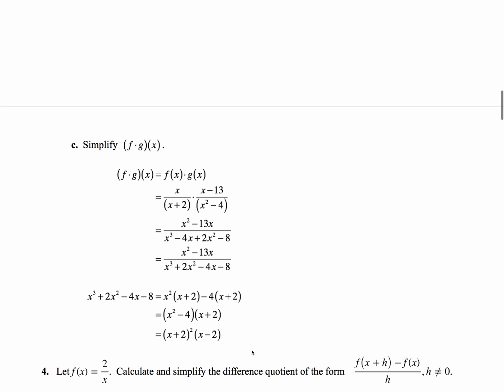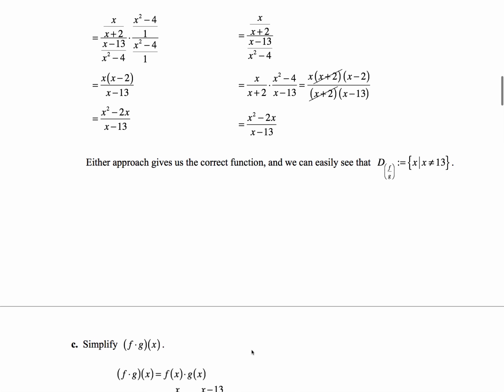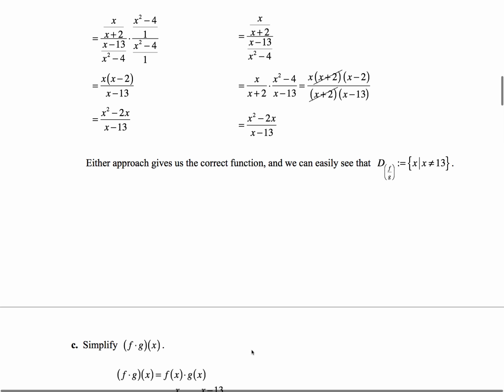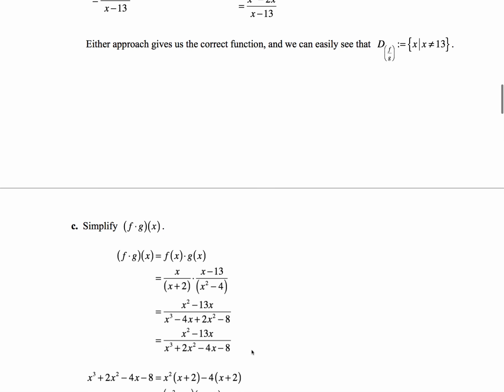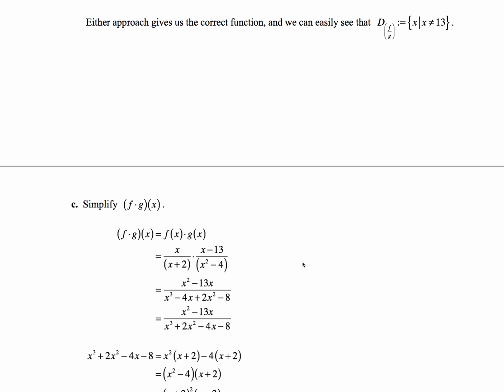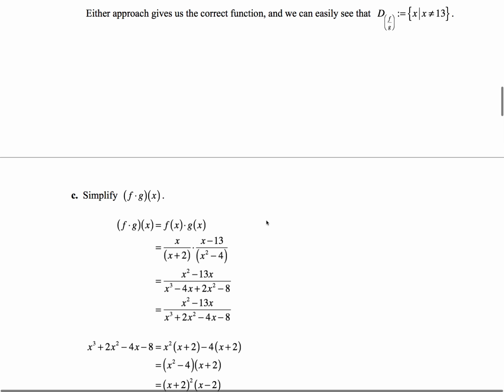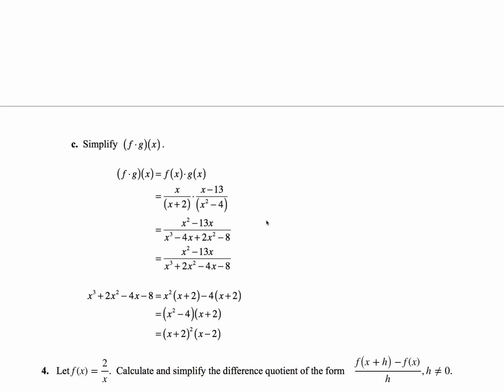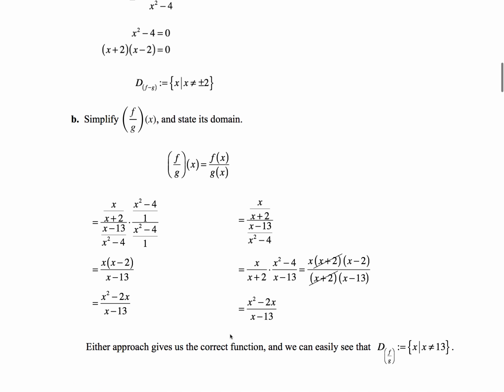And so we did not, and by we, I mean I, did not include the domain there. But the domain of f times g is defined to be the set of all x such that x is not equal to plus or minus 2, just as we have here in part A.